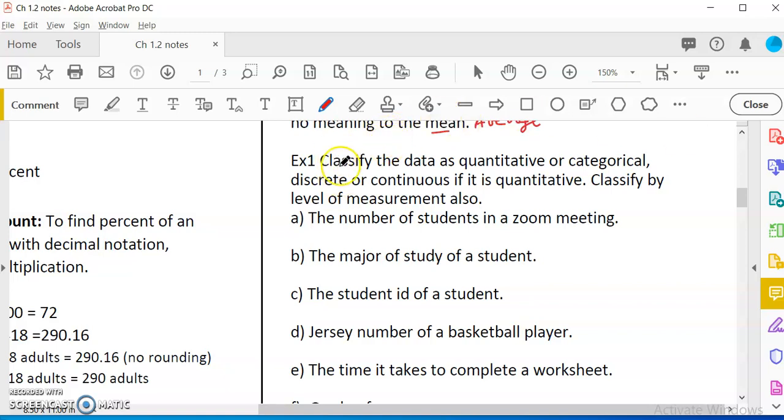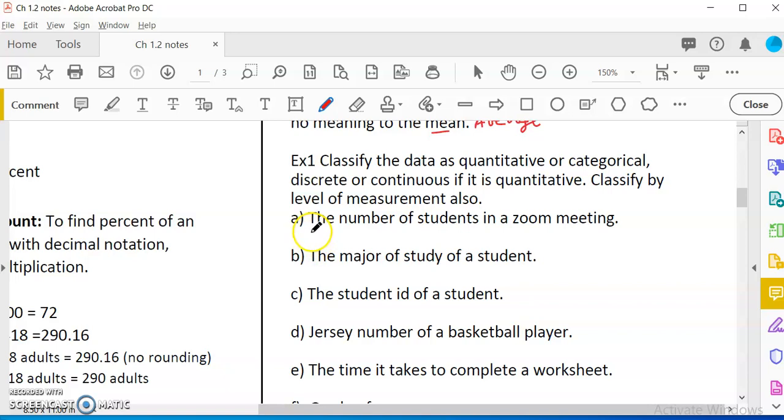So first example is classify some data that are given or collected by looking if they're categorical. And then look at if it is discrete or continuous, if it is quantitative, and also classify the measurement level. Number of students. So it is a number, right? So in a Zoom meeting, you count the number, so it's a count.